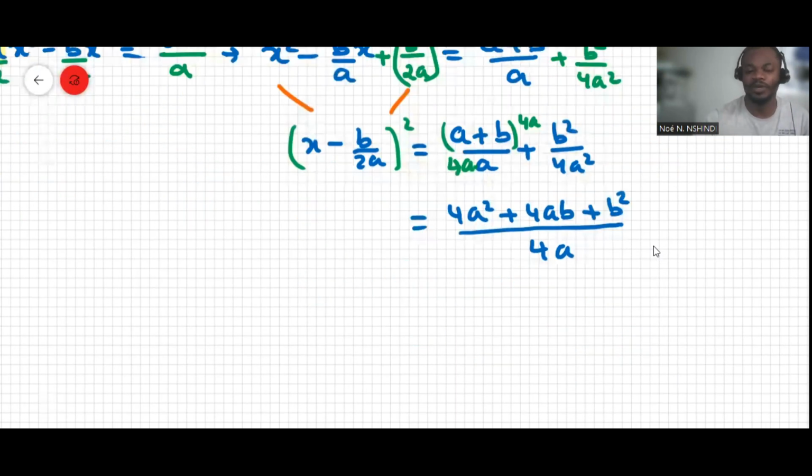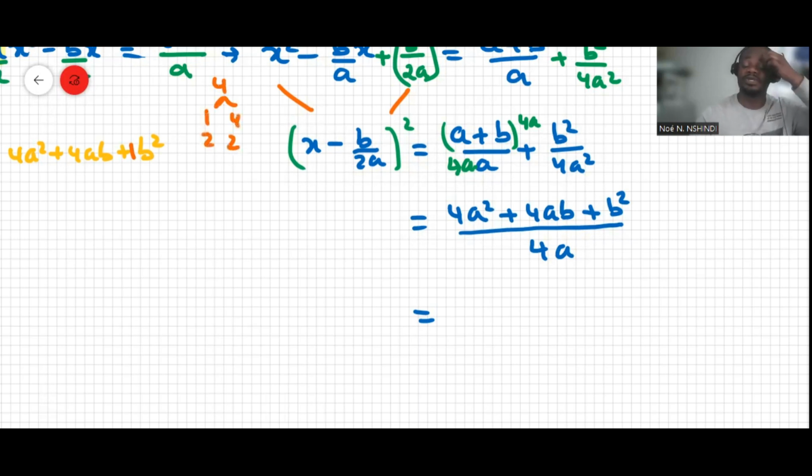When I look at this numerator here on the right hand side, we can factorize that. I'm gonna write it here in yellow. Look here, 4a squared plus 4ab plus b squared. I can solve this by factorization. So I'll do 4 times the coefficient here is 1, right? So it makes 4, and the factors of 4 are 1 and 4, 2 and 2. So if I need to get the coefficient of the middle term, 4, I can only do that with 2 and 2.